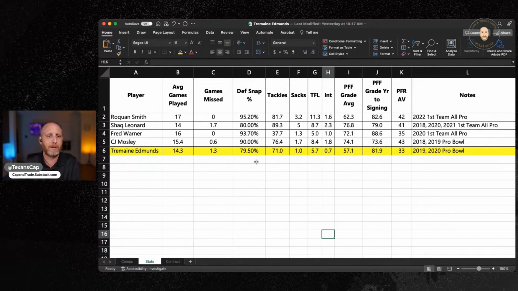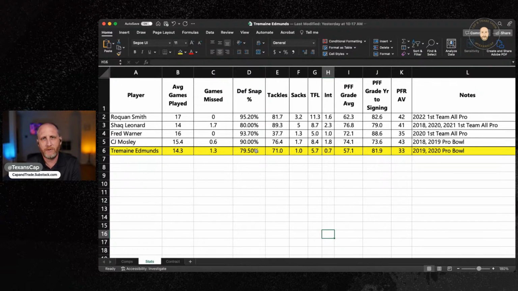Looking at their snap counts, Edmunds is a little bit lower, because it took him a couple of years to really solidify himself on the field. Looking back at his PFF numbers, his snaps really didn't come on until 2021. And that's when the team got Matt Milano in there, and Milano and Edmunds really created one of the top linebacker duos in the league.